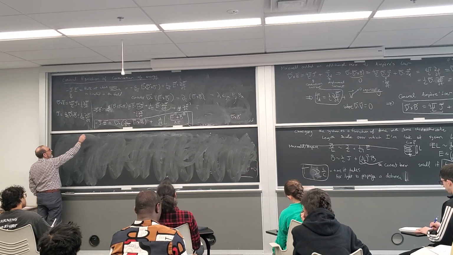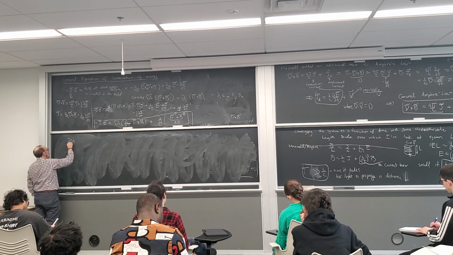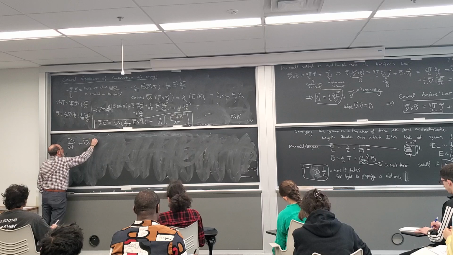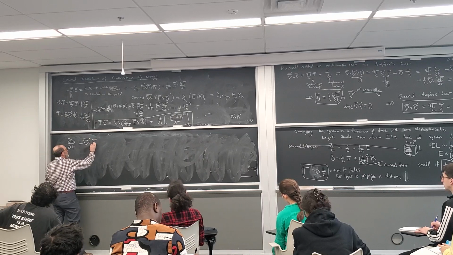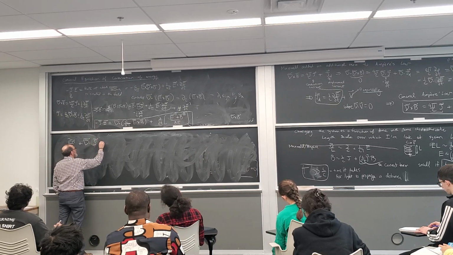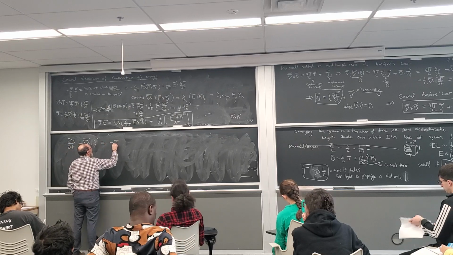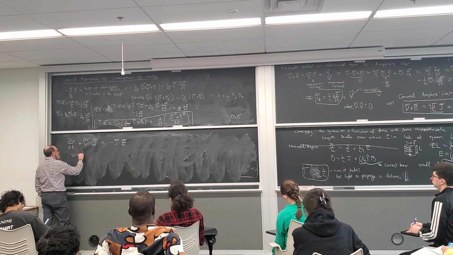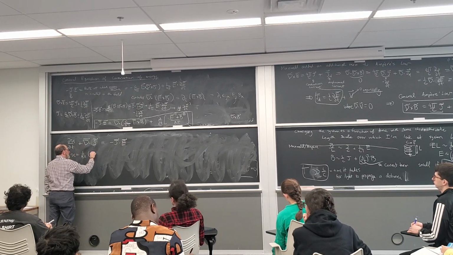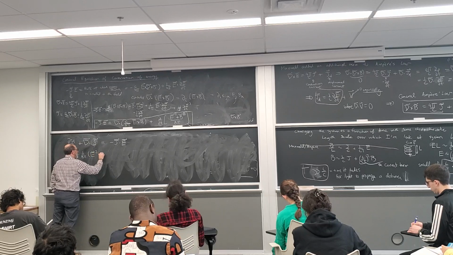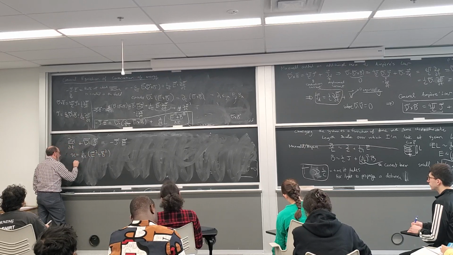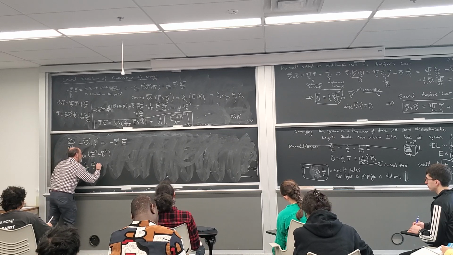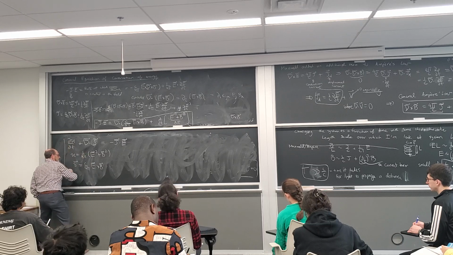What this equation is telling us is that du/dt plus the divergence of something I'm going to call S is equal to minus j dot E, where u is this and S is this.